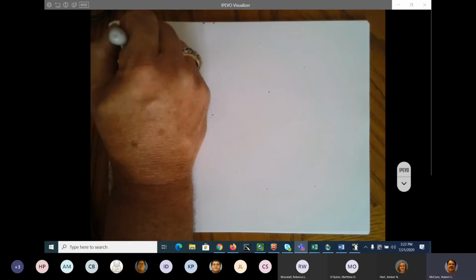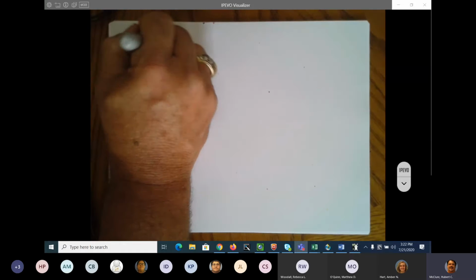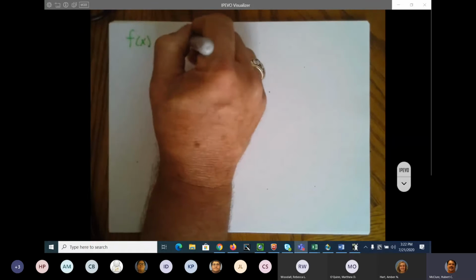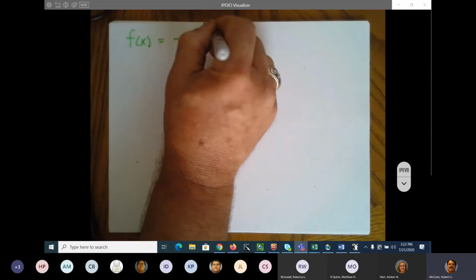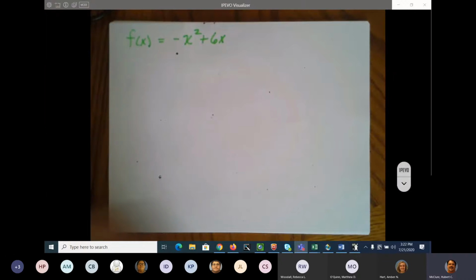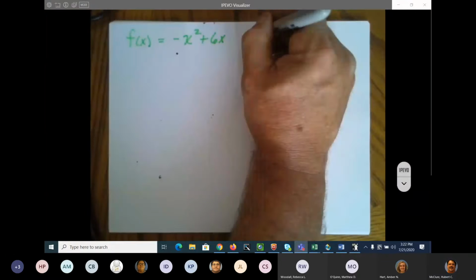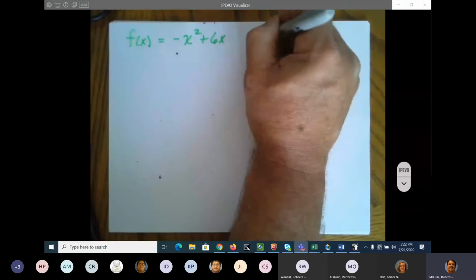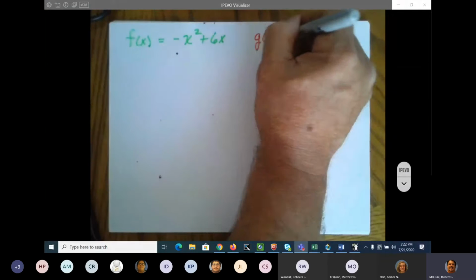The first one, I'll do it in a dark green. f of x is equal to negative x squared plus 6x. And in orange, g of x is equal to x squared minus 4x.